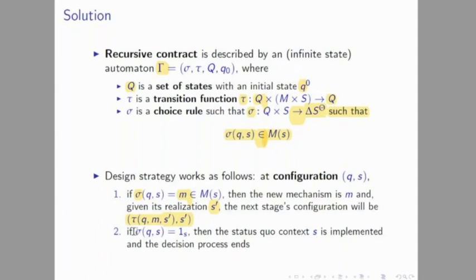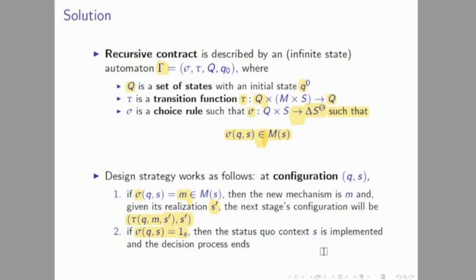Now, if the choice rule calls to implement a constant mechanism, then that is interpreted as implementation of the current context, that is, the status quo outcome that is on the table given the current beliefs, and then the decision process ends. So this is what a recursive contract in this formulation is.